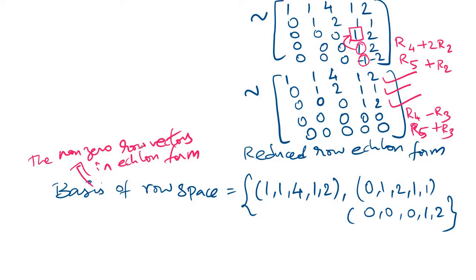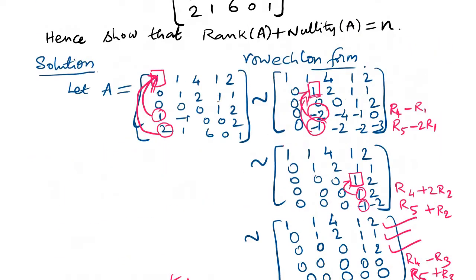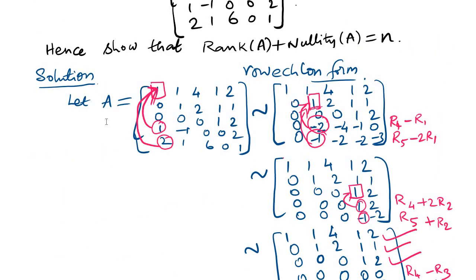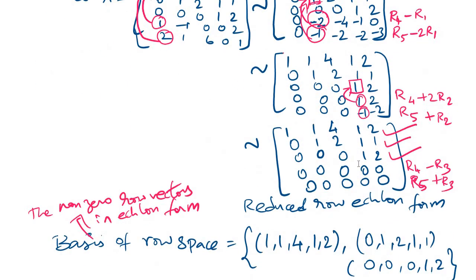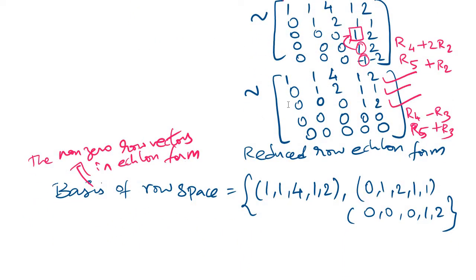Here we have taken the given matrix as A and reduced it into row echelon form. After reducing it, we take the non-zero row vectors that form the basis of the row space.